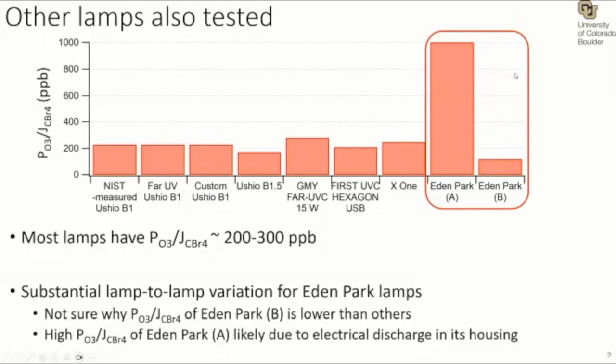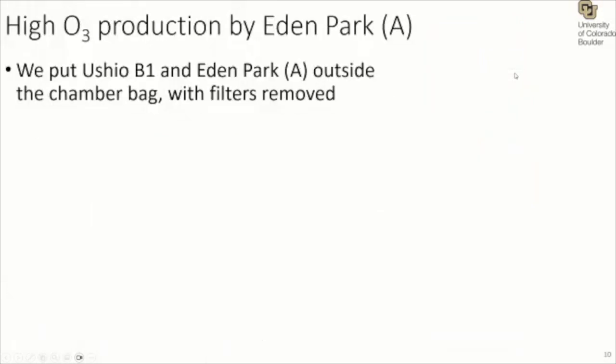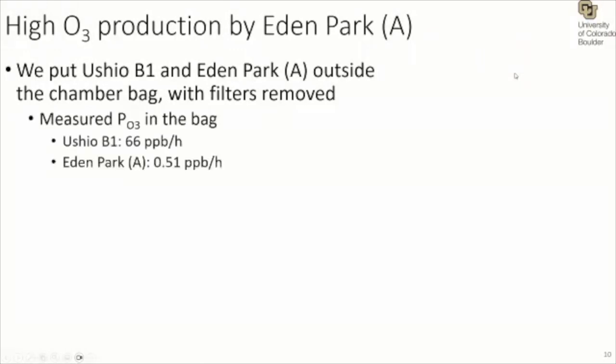I'll explain why. We put a Wuxio B1 and the Eden Park A outside the chamber bag and had them shine toward the bag with filters removed. We could measure a high ozone production rate in the bag for Wuxio B1, but for Eden Park A, the ozone production rate in the bag was close to 0.